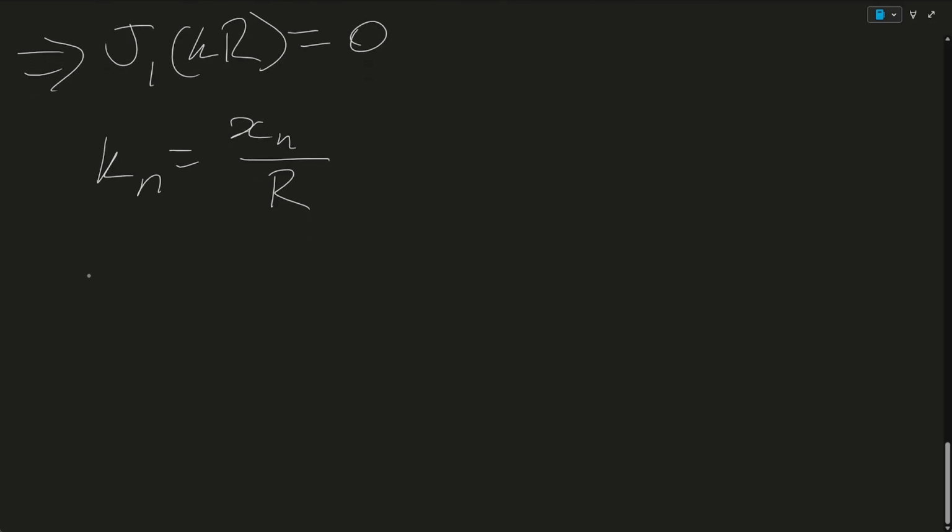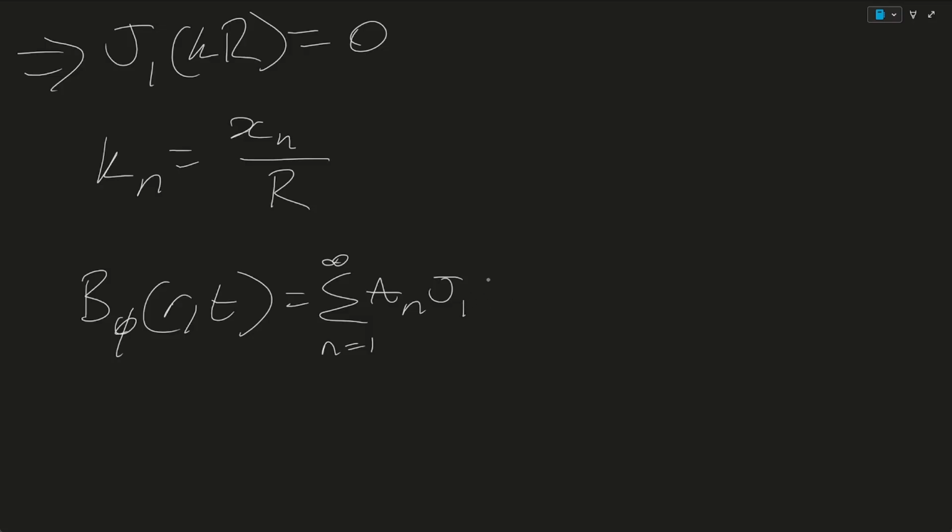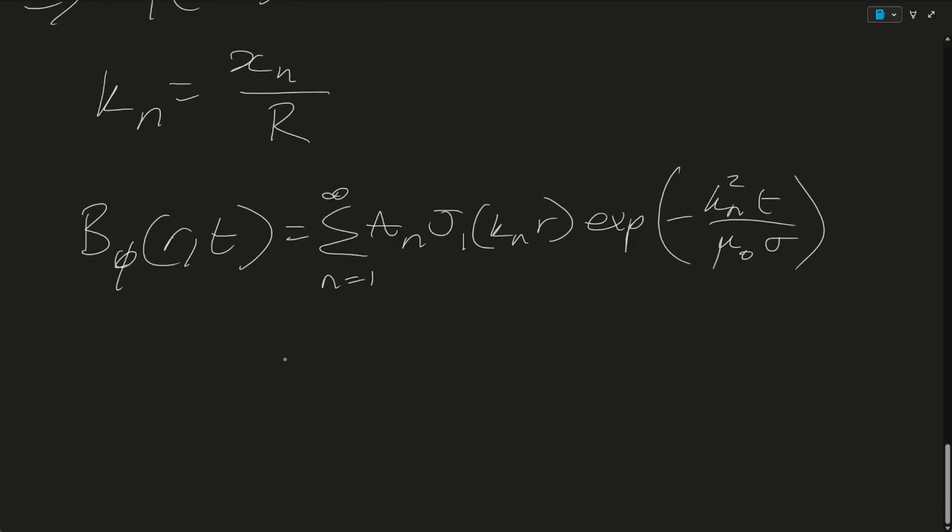The general solution then is B phi of r, t equals the sum from 1 to infinity of a sub n J sub 1 of k_n r, times the exponent of minus k_n squared t over mu naught sigma. Nice.